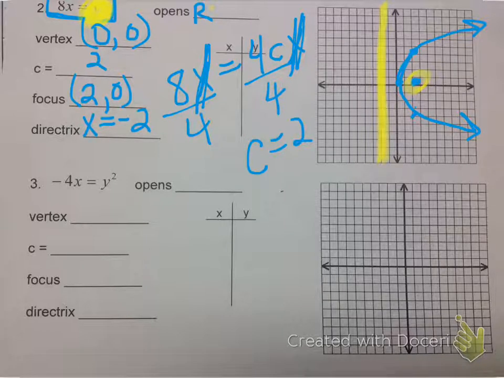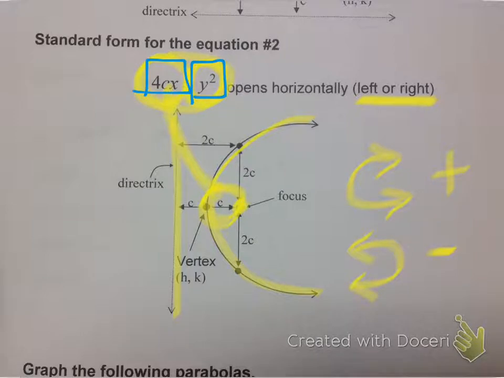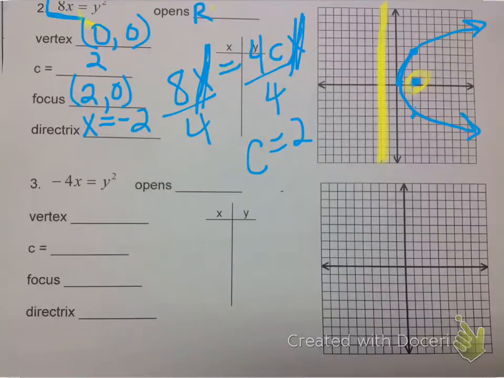Notice that when my equation says y squared, then my directrix is vertical right here, and so its equation is going to be x equals. All right, let's try another example.